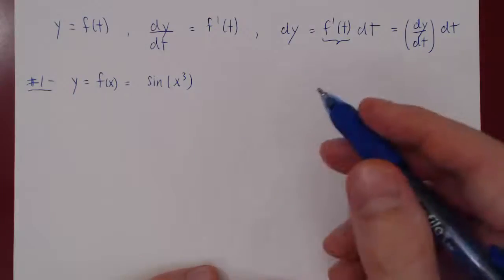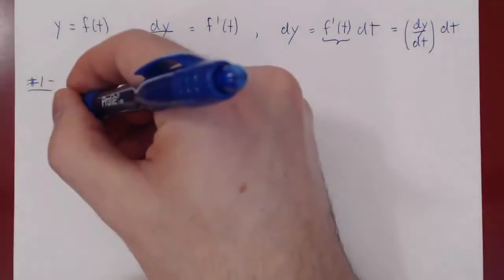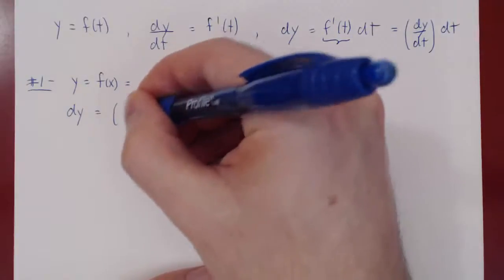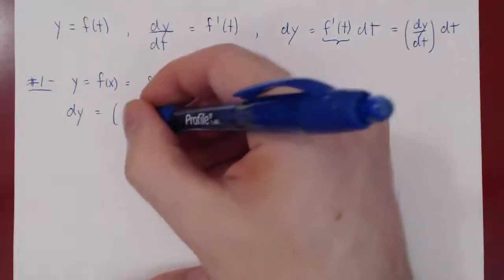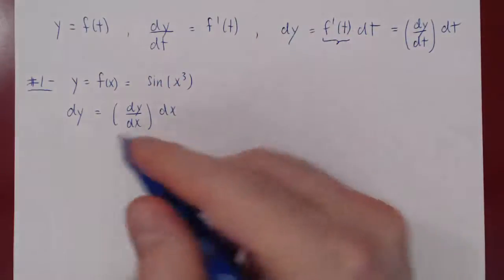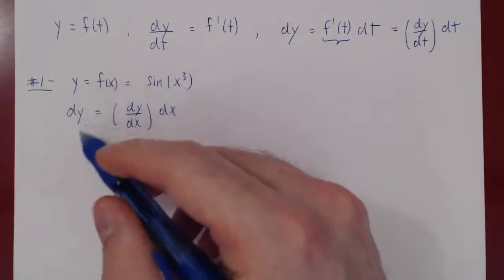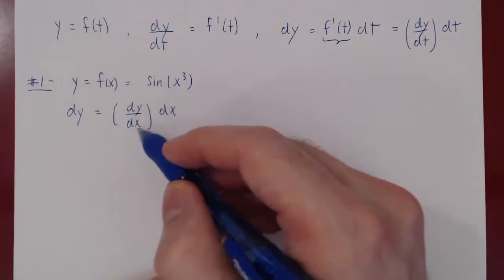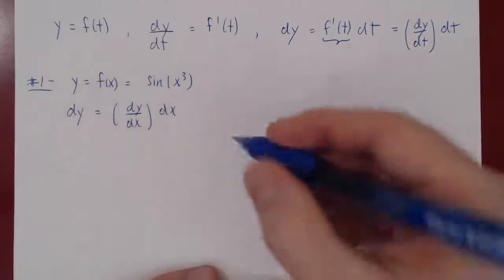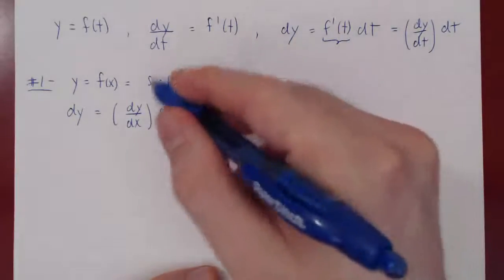Well, the differential dy is the derivative with respect to x, because the function here is a function of x, times dx. And again, that is just a differential. The change in y is the change in y over the change in x times the change in x. And dy over dx is the derivative of the function.